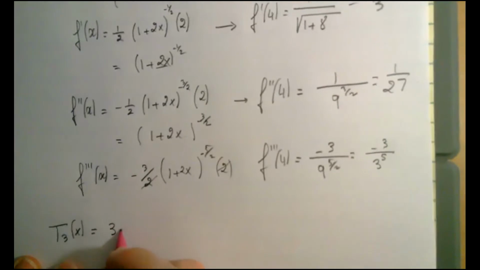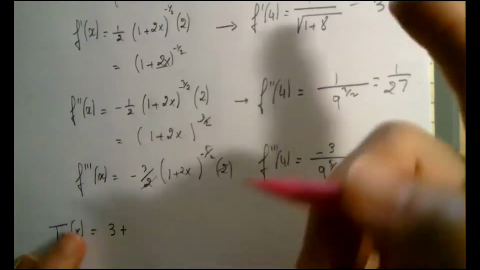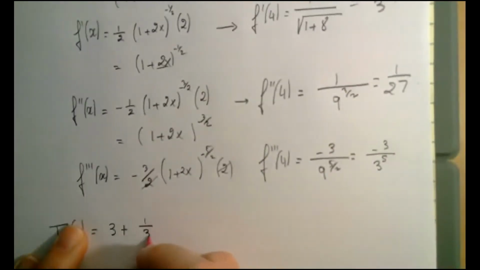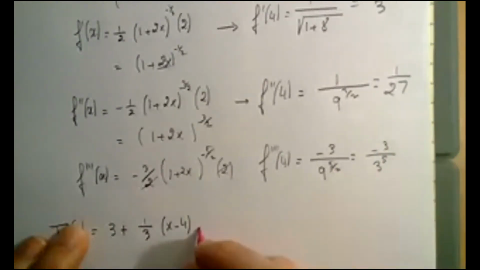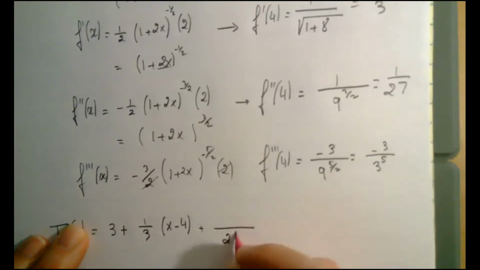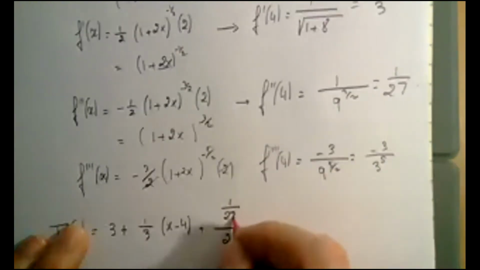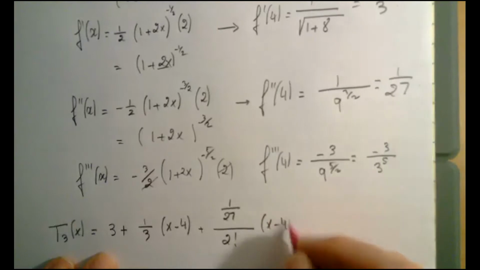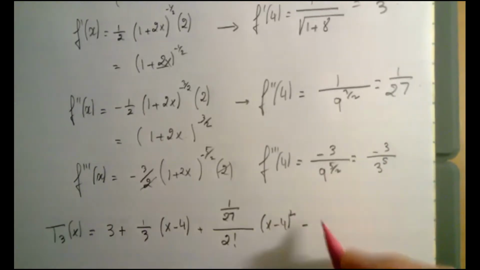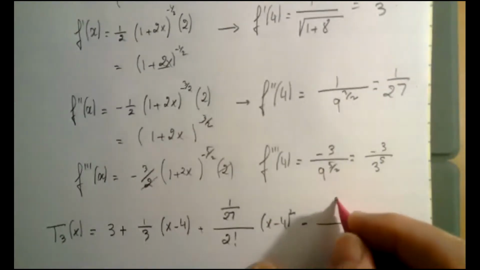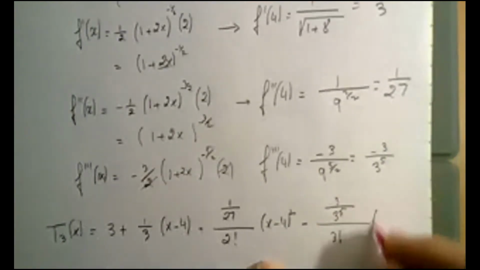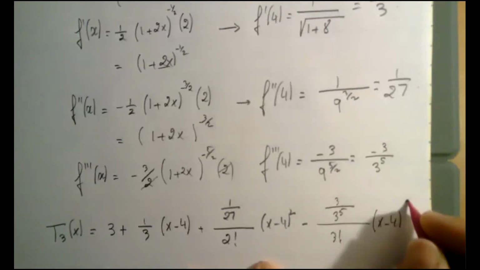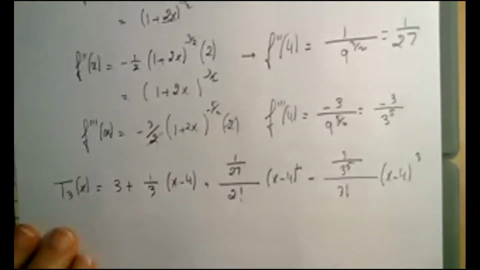So that's the value at 4, 3, plus the derivative, x minus 4. The second derivative over 2 factorial, x minus 4 squared. Then it's the third derivative over 3 factorial, x minus 4 to the power 3.